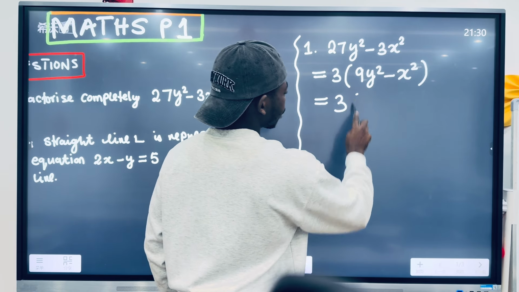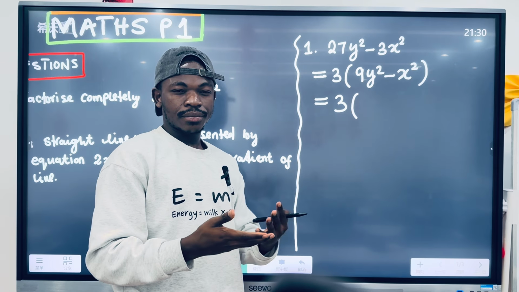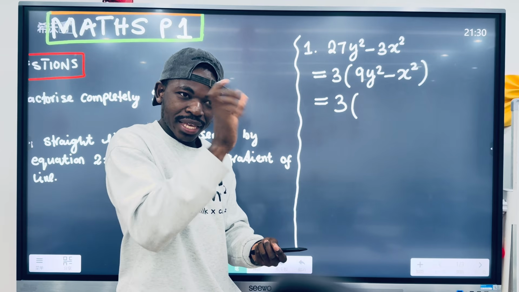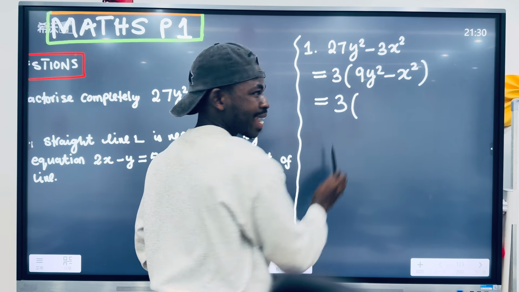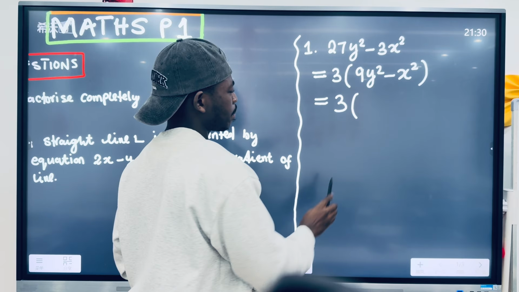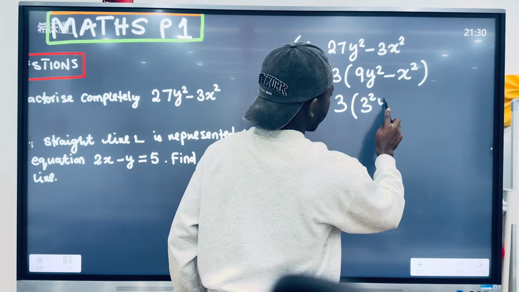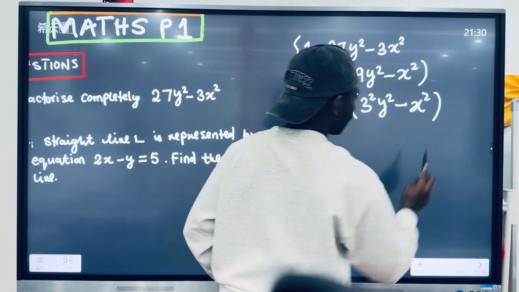So can I write every term there as a square? Okay, can I express every term there with a square? So let's see. These are already squares, but can I write 9 as a square? Yes, we can do that because 9 is the same as 3 squared, but it's multiplying y squared like that. Then minus x squared.